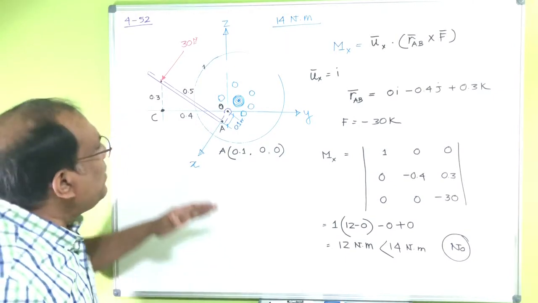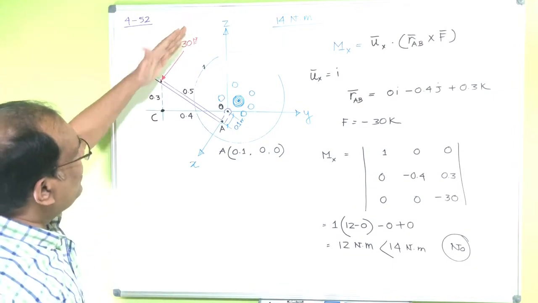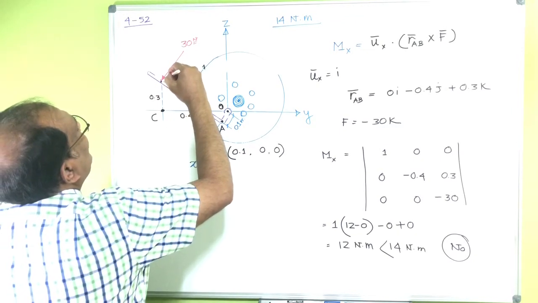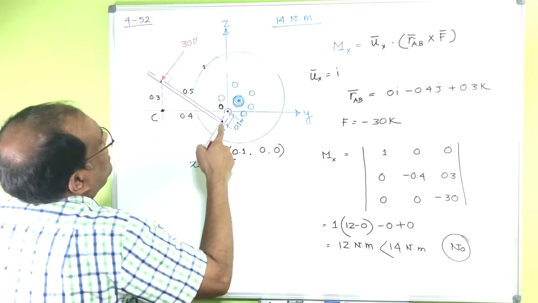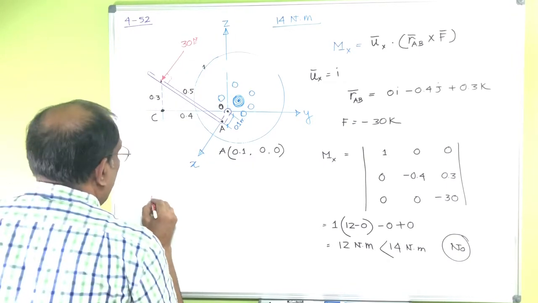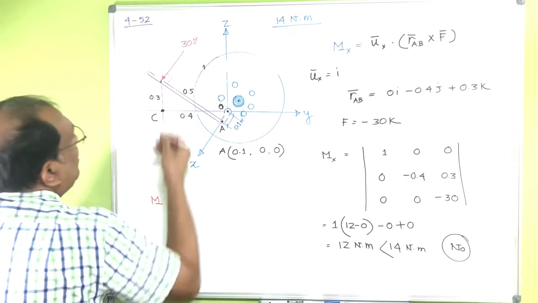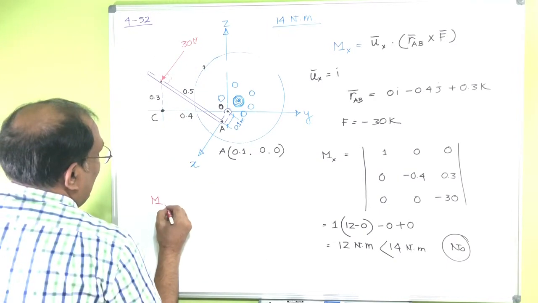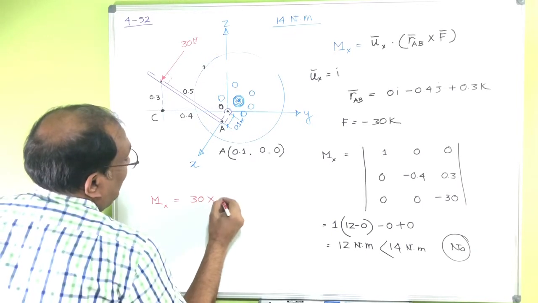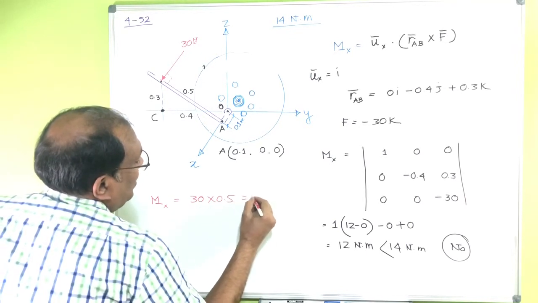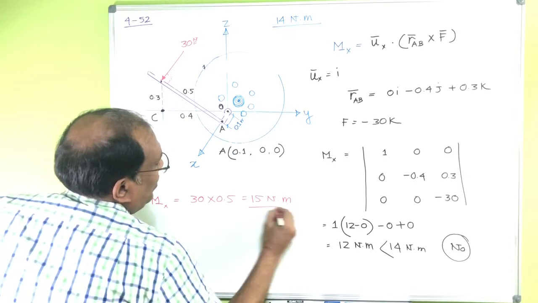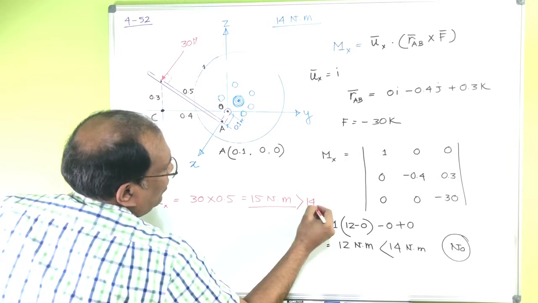Now, if I make it perpendicular to this axis, then the distance from here to here is 0.5. So the moment created along the x-axis if I change that direction would be 30 into 0.5, which is 15 Newton meter, which is higher than 14 Newton meter.